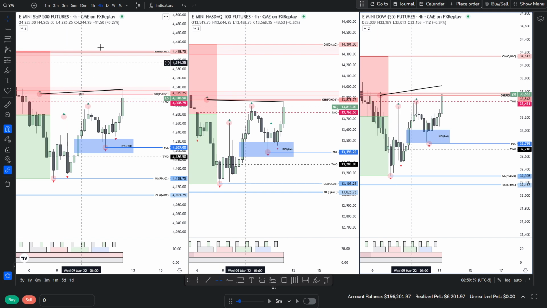TOs, so currently no change here with all markets being above, and that supports the idea of high probability shorts. Doesn't necessarily mean that's what's going to happen, but it certainly means there's a strong possibility that if we see a move lower, we could see price expand in that direction.